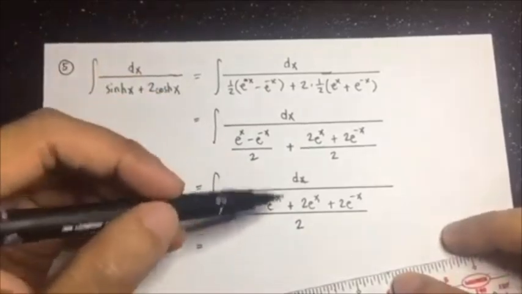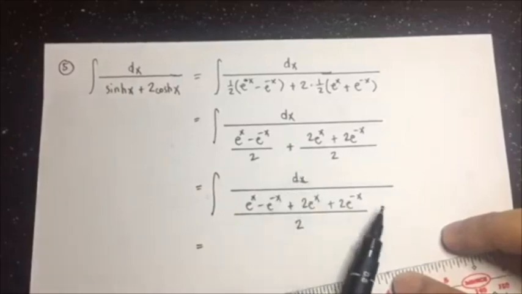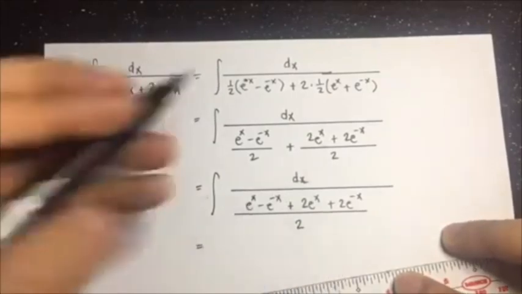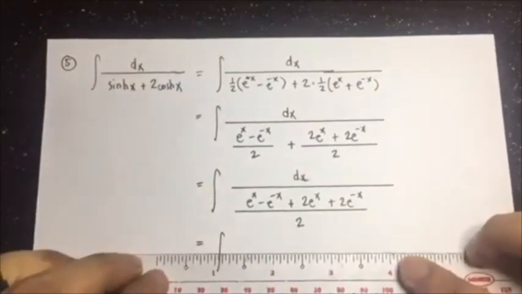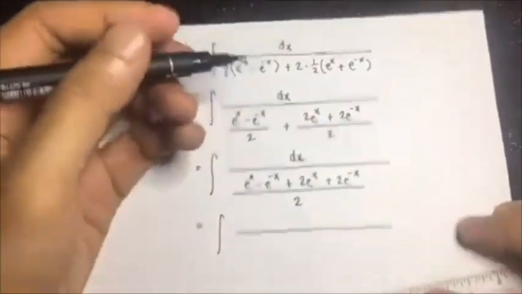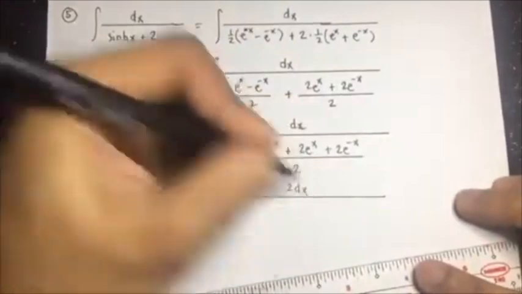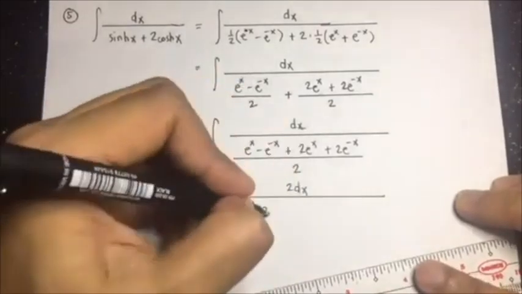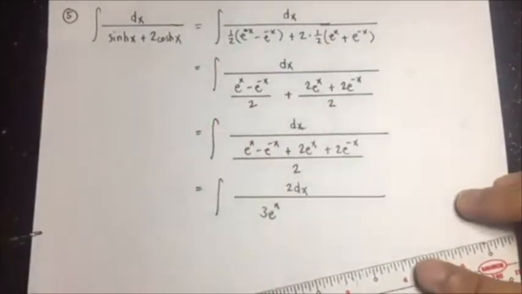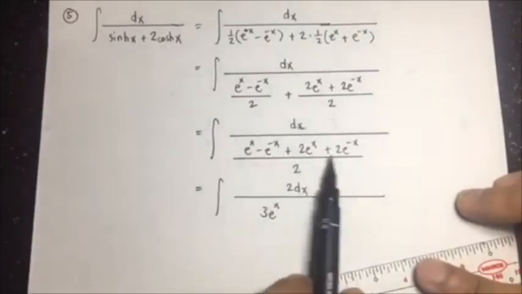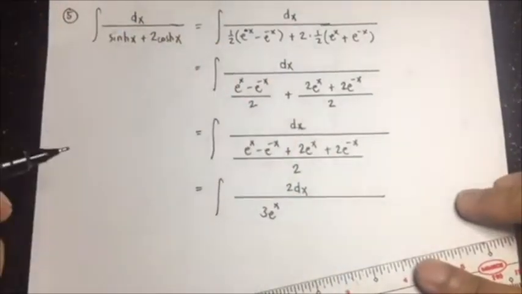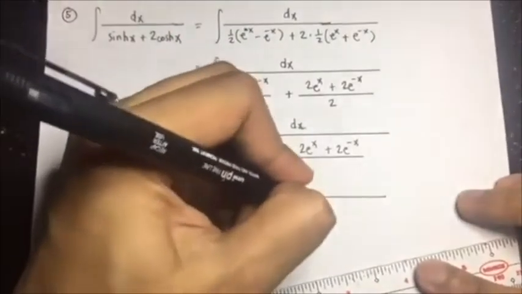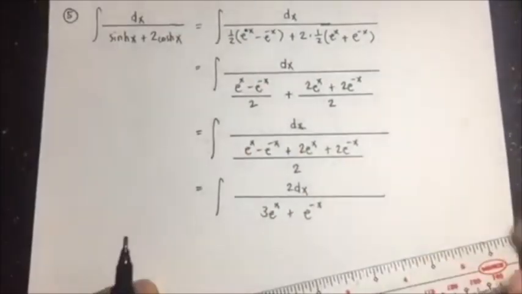In dividing, it will become dx multiplied by the reciprocal of the denominator, so dx times 2 over this. So this will become the integral of 2 dx over, simplifying, 3e to the power of x plus e to the negative x.